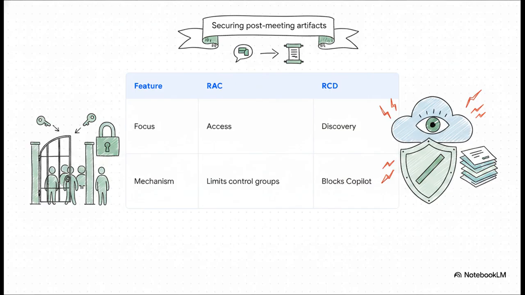It focuses purely on user permissions, limiting exactly who can open files to specific control groups. RCD, on the other hand, is a specialized control that hides highly sensitive data specifically from AI discovery tools. So even if a user technically has site access, an RCD policy will block Copilot from using that site's content as a source. To put it simply, RAC is for human access and RCD is for AI visibility.